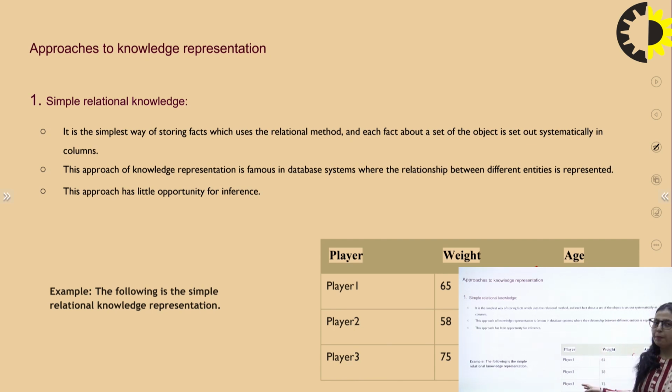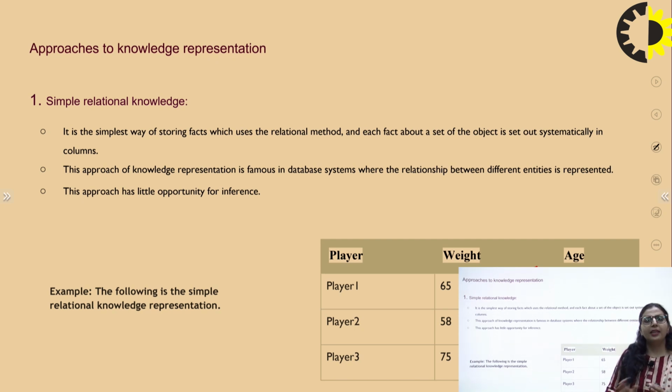Here is the example that tells us how the players, meaning the objects, are arranged in a tabular form, and how the relation between the object and entities is shown in this table. If the artificial object wants to know the height of player 1, then it can easily fetch that player 1 has 23 age or its height.